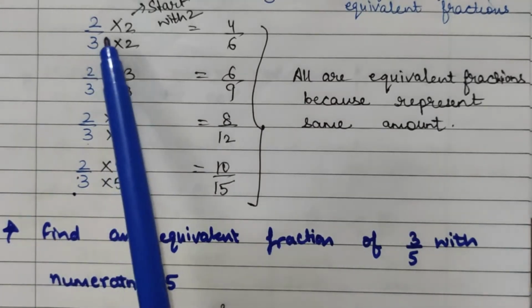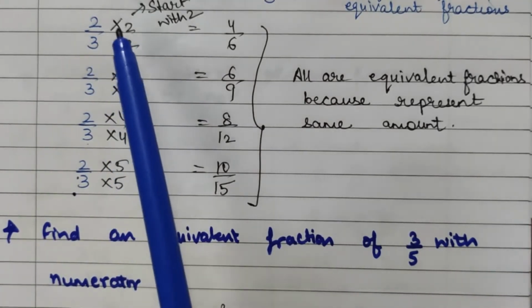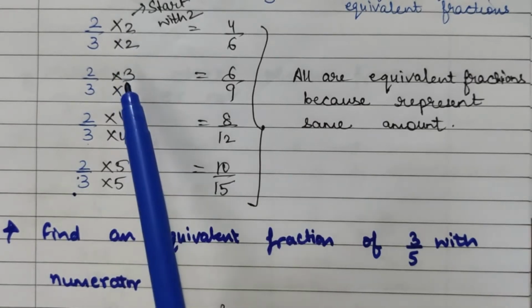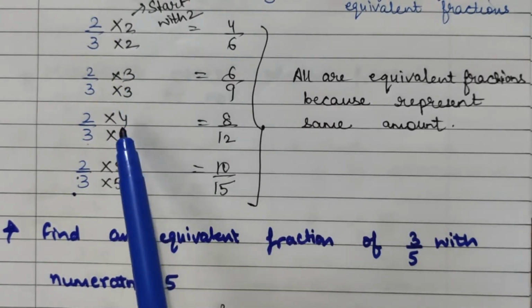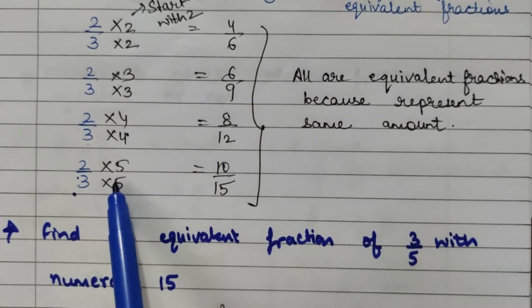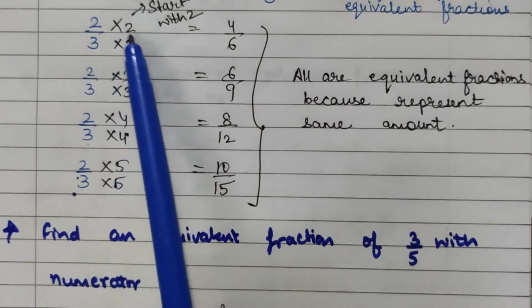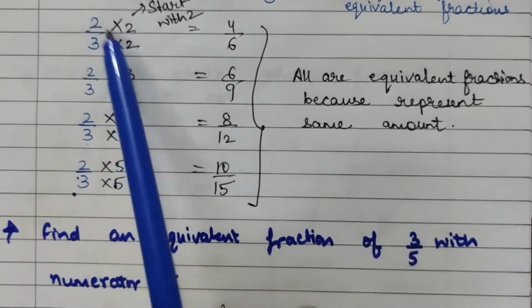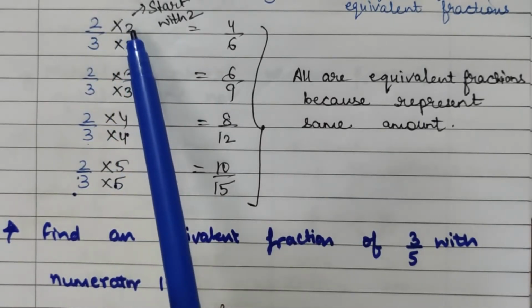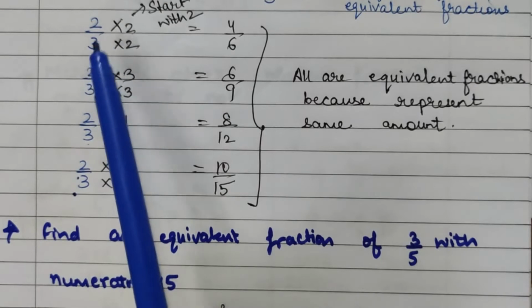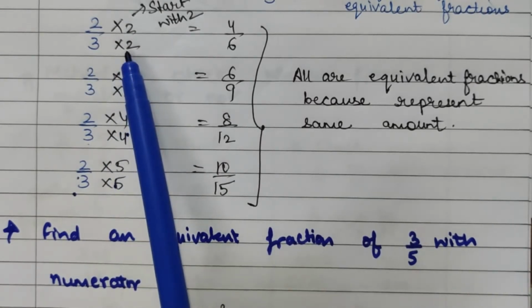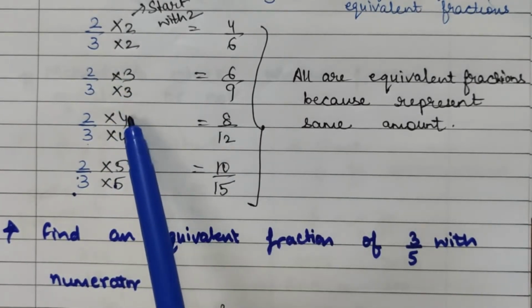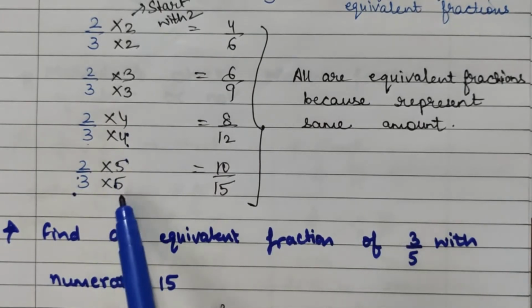Now start multiplying it first by 2, then by 3, then by 4, then by 5. And if you see carefully, if I am multiplying the numerator by 2, I am multiplying the denominator also by 2, then by 3, then by 4, and then by 5.